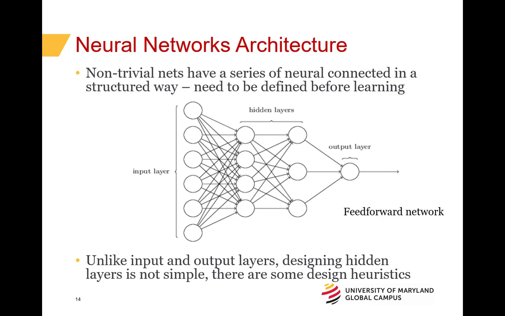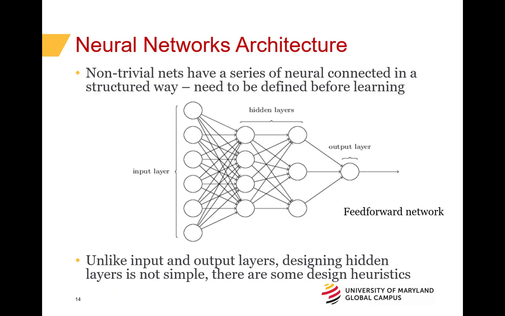Those values, the number of hidden layers and the number of neurons in those hidden layers, are not parameters. You cannot learn them like the weights or the bias. They are called hyperparameters. That means you apply some kind of heuristic to determine the optimal value that allows you to train the model or the network.